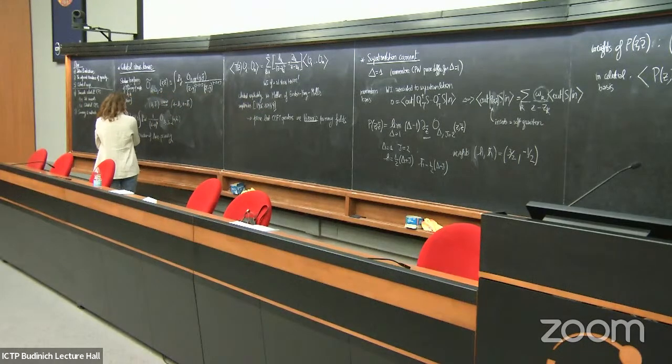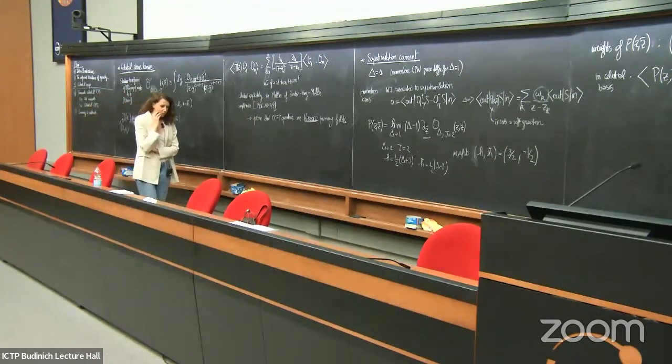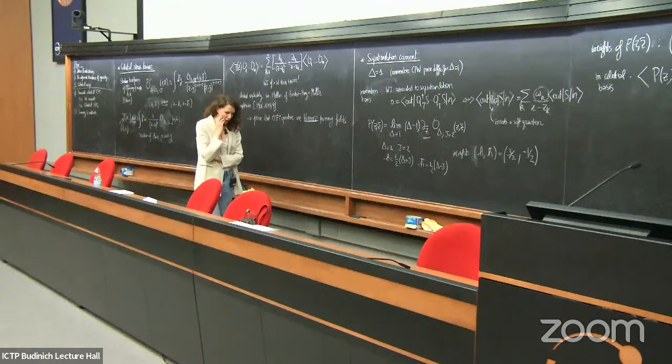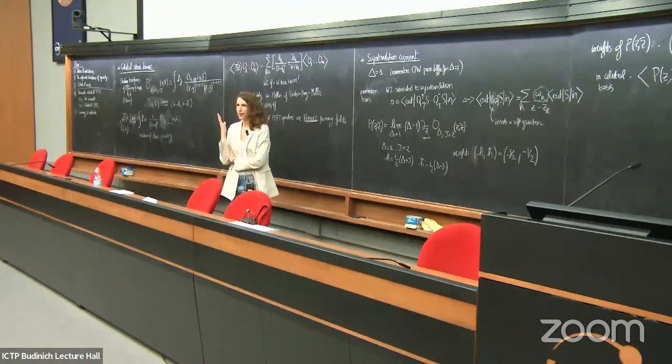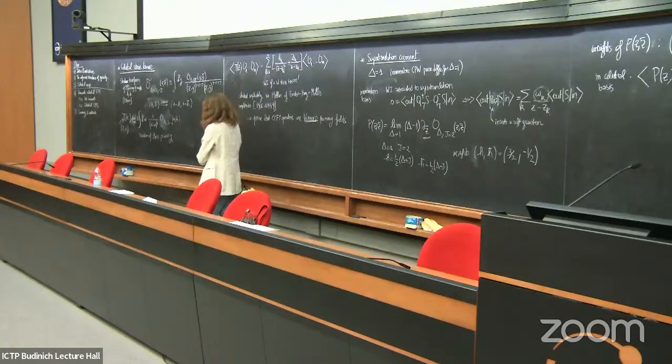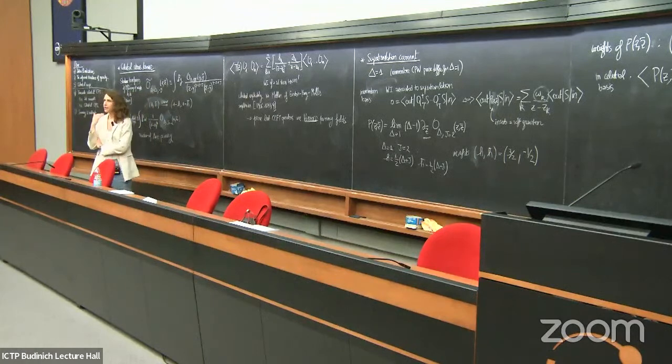Let's see, how can I explain? Actually, there is an extent to which all the currents, if you want to map them to the gravitational phase space, are naturally related not to the celestial operators, but to the shadow operators, all of them.